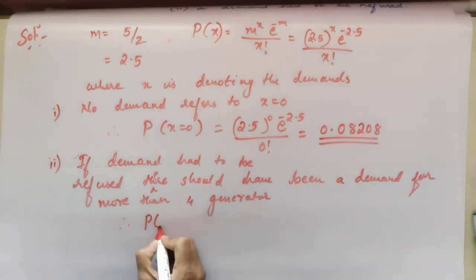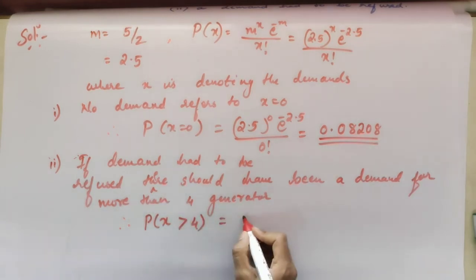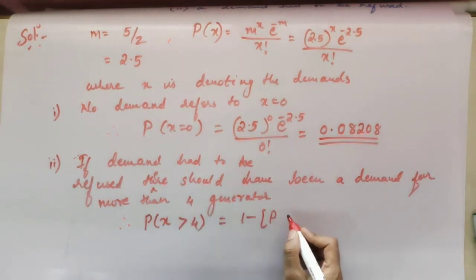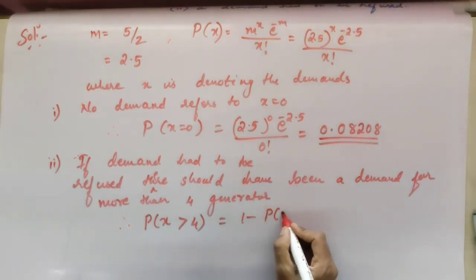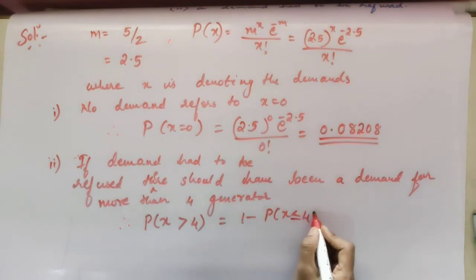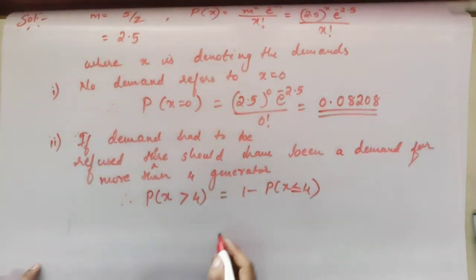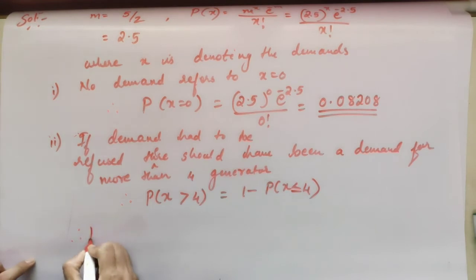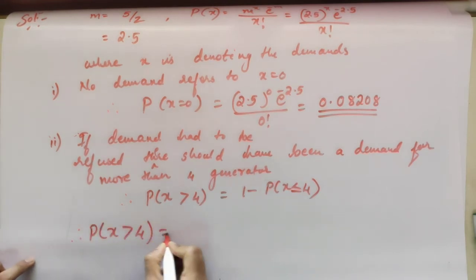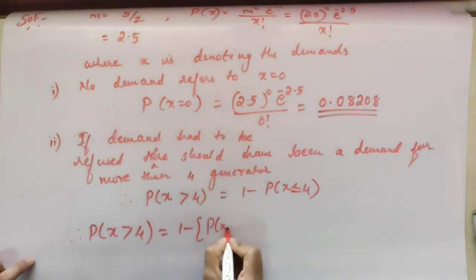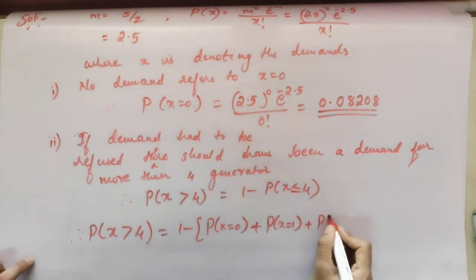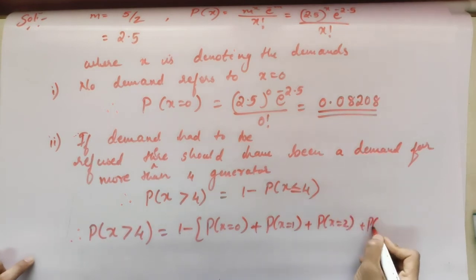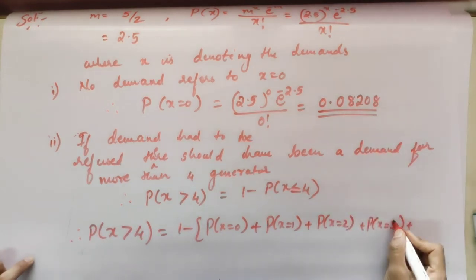Therefore, you have to work out P of x greater than 4, which is equal to 1 minus P of x less than or equal to 4. You can easily work that out. So P of x greater than 4 is equal to 1 minus P of x is equal to 0 plus P of x is equal to 1 plus P of x is equal to 2 plus P of x is equal to 3 plus P of x is equal to 4.